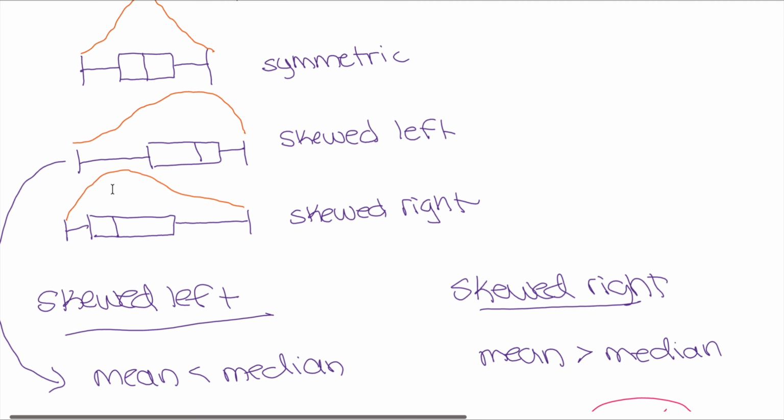So the median will still be at the 50th position of the data, so it will be somewhere here, but because more of the data is on the lower end, it will lift up the mean. So then the mean is going to be greater than the median.